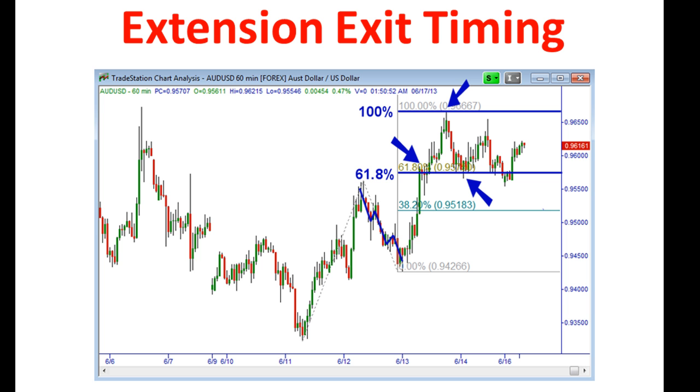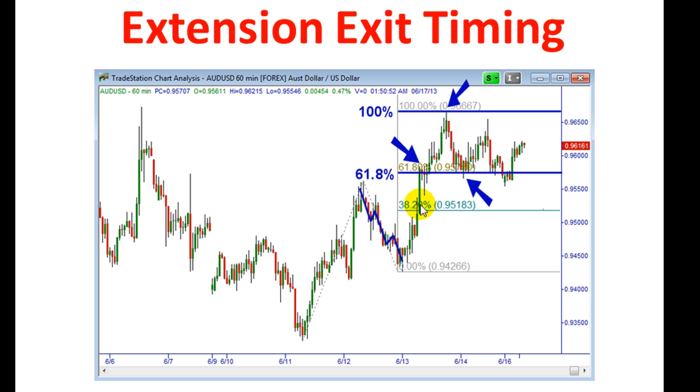If we go back to that previous example, what you'll notice here is that when we were looking at the extension move on the Aussie dollar, we had an upswing here where the overall momentum is about the same as the move heading into the correction. So we see a pretty strong follow through to begin with, and that impacts how the resistance levels are going to hold.